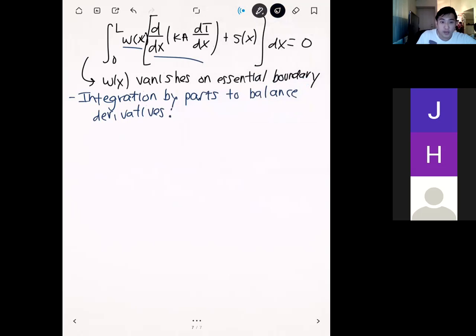And so if we do that, and then we get our extra terms, we get the following. Okay? So we get w times k a times dT dx. Okay? And this is evaluated from 0 to L. And so that's kind of the extra term that pops out from integration by parts. But again, remember, this one is going to turn into our Neumann boundary conditions.